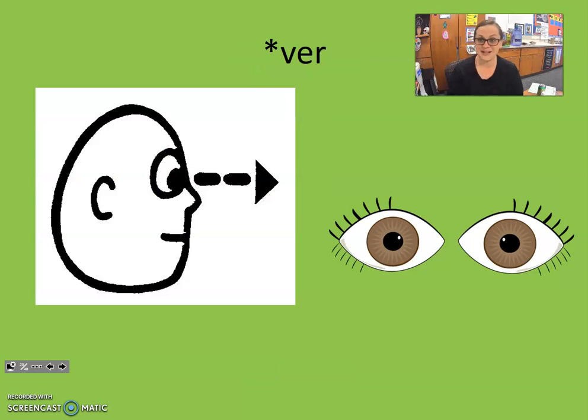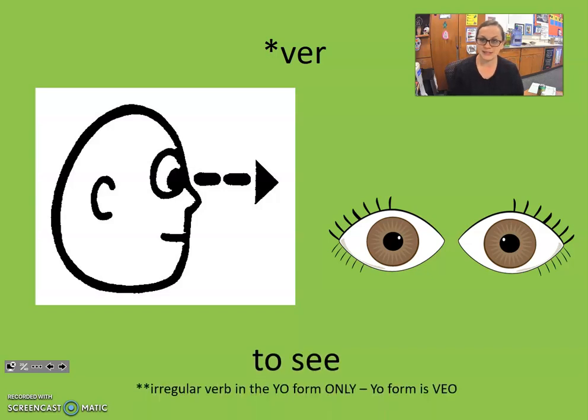Ver, we've used a lot, especially with Brandon Brown. Quiere un perro. Ver means to see. There is an asterisk here, a star next to this, because there's an irregular yo form only. And I do want you to write down that irregular yo form because you will need it when you do the activity that's called over the wall. So write that down.